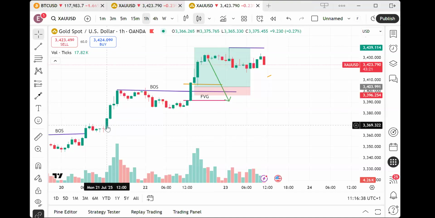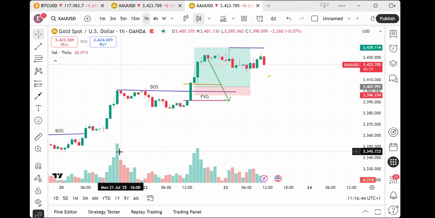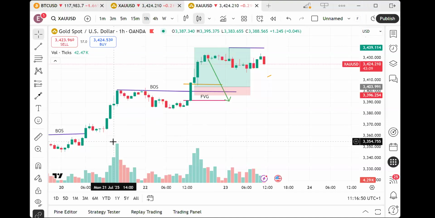Where this line and that green line are, I am not seeing any difference. Are you saying that's also a fair value gap? Honestly, I still can't identify a fair value gap on the chart. I still need you to show me. I never understand.